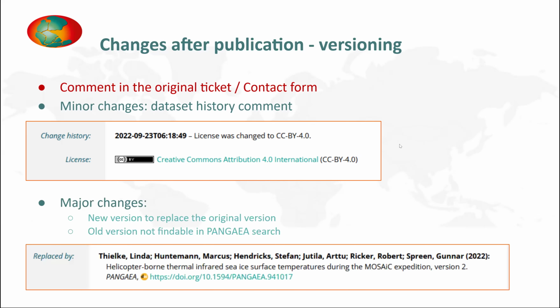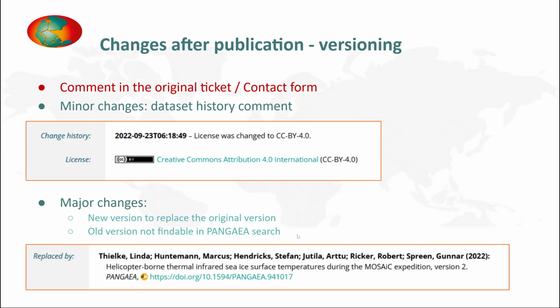If the changes needed are much more complicated and you have a completely new version, that's also possible. We can basically publish a new version of the dataset and connect it with the original version of the dataset, which then won't be findable in PANGAEA search anymore, but will still exist because the DOI is registered. We cannot simply delete it.